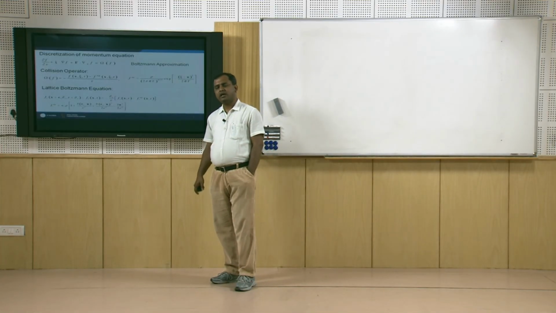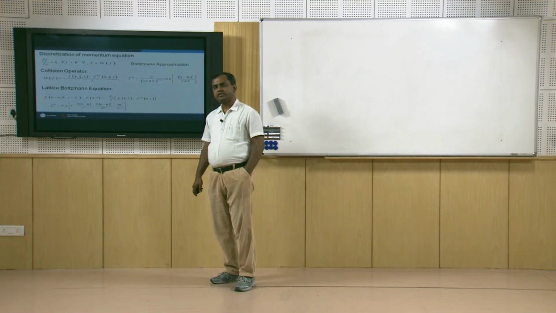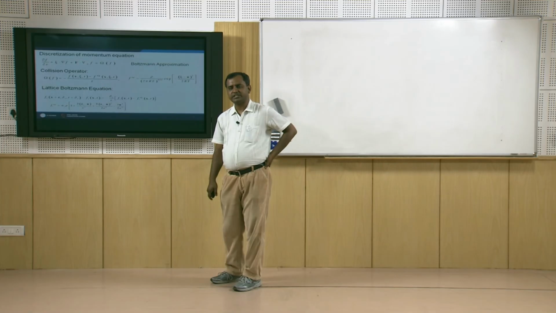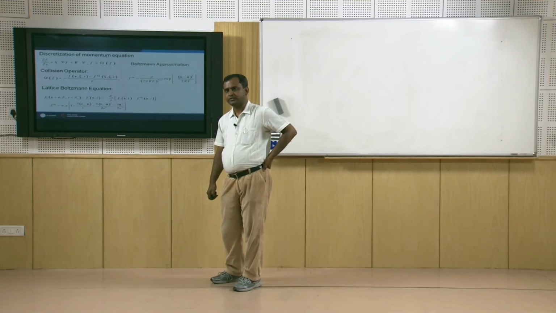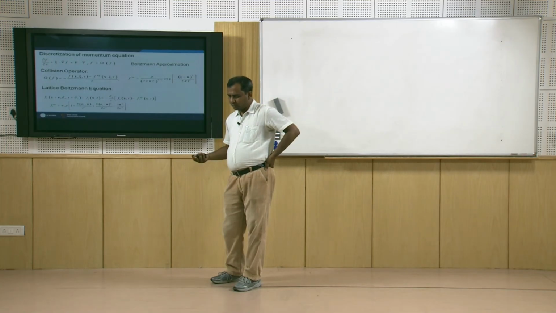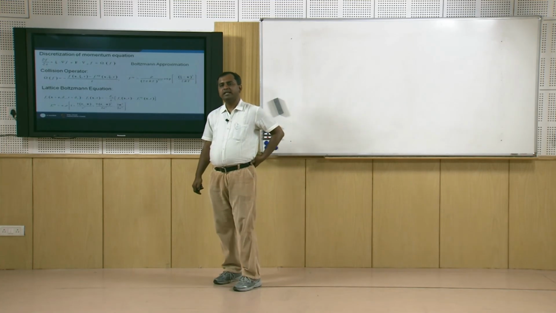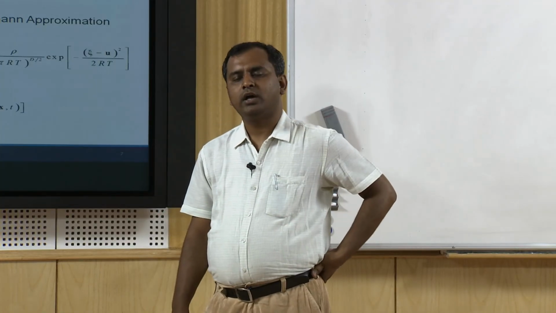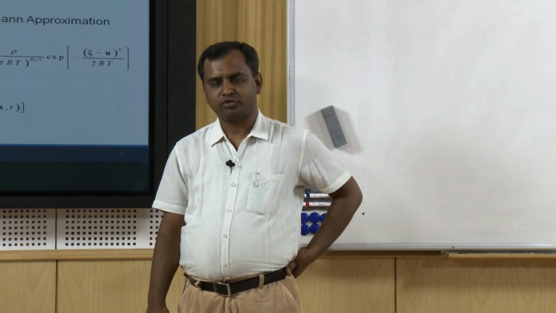So, this discretization is actually following the lattice Boltzmann discretization, that means your lattice gas cellular automata formulations. As you know, in the volume of fluid method or finite volume method, we go for Taylor series expansion. In case of the lattice Boltzmann equation, we go for Boltzmann approximation. Okay.